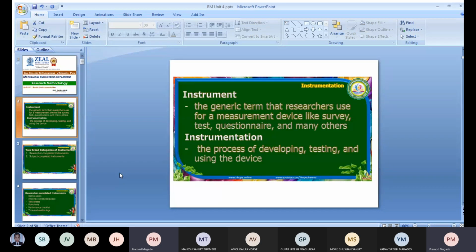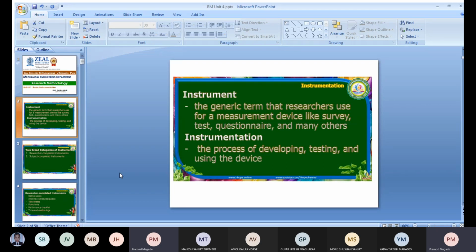Now I have quoted here the definition of the instrument. We all know an instrument is nothing but a measurement device, as in a survey or testing, or in the case of a questionnaire. In a questionnaire there are a lot of questions.